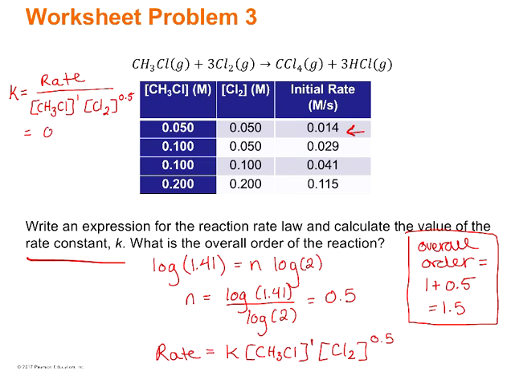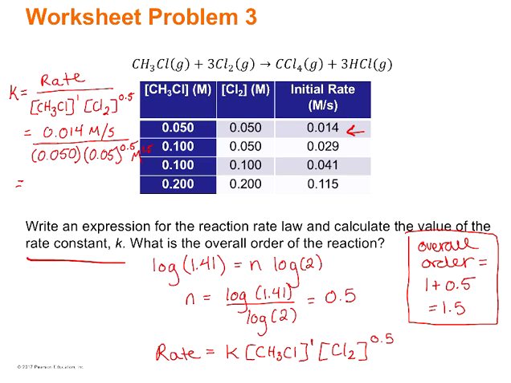So the rate is 0.014 moles per liter per second divided by 0.05 to the 1 power, and then multiplied by 0.05 to the 0.5. And our units overall in the denominator will be M to the 1.5, which is a little strange, so we'll narrow that down later.